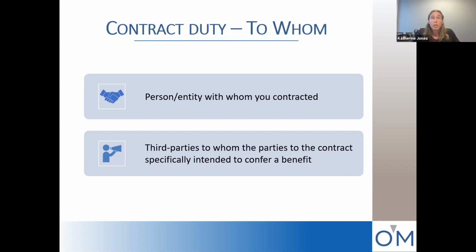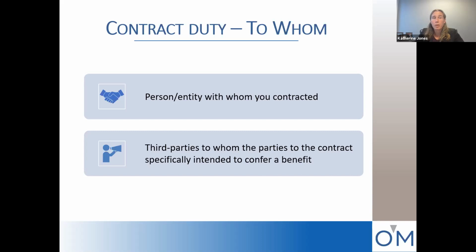Also, however, you can owe a contract duty to third parties who are not a party to the contract if the parties who engaged in the contract initially agree to confer a benefit on a specifically intended third party. And this comes up in construction contracts all the time, and it comes up all the time with design professionals. A lot of times in contracts, you will see third parties mentioned.